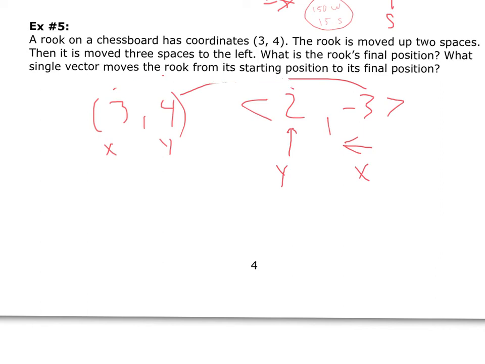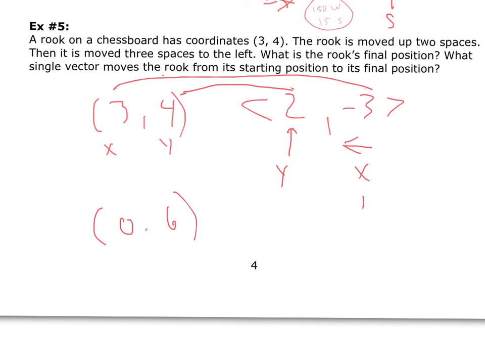Give me just a second. Okay, we know that the x's and the y's should go together. Okay, so if we take 3 plus negative 3, that would give us 0. And then if we add the y's together, 4 plus 2 gives us 6. Okay, so our location would be 0, 6.